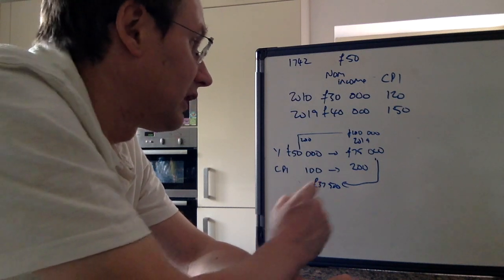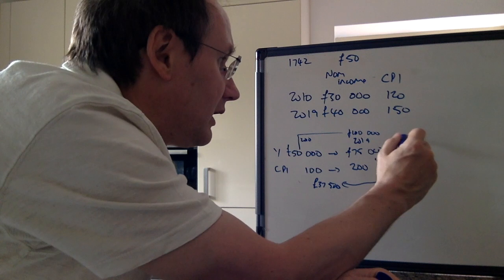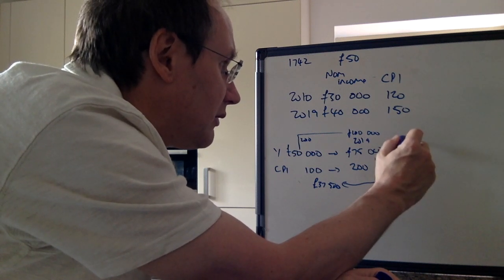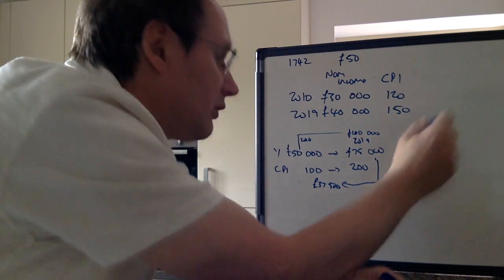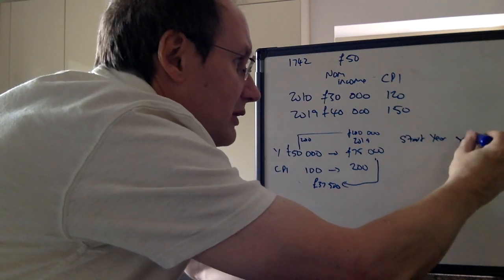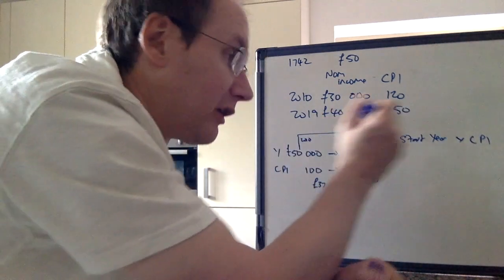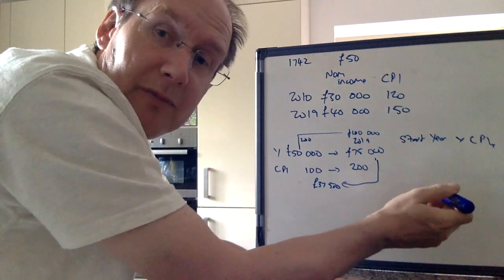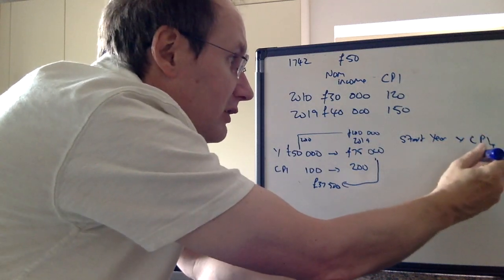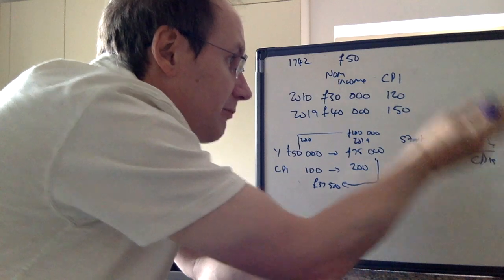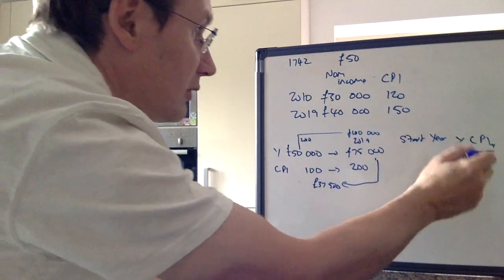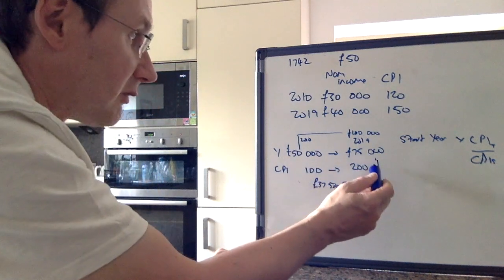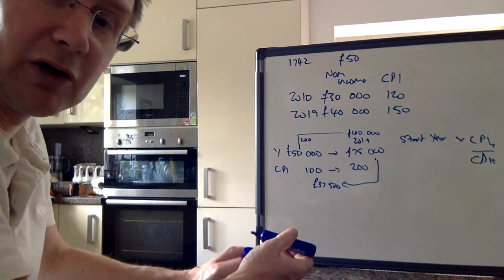What you're doing in each case is taking the figure in your start year and multiplying it by the CPI in the target year, and dividing it by the CPI in the start year. So we took 50,000 times effectively 200 over 100, or we took 75,000 times 100 over 200.